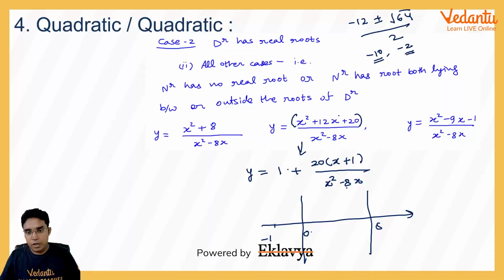That's correct. So one root of this is lying on the left of it. I think both roots are lying on the left of it, meaning lying outside the roots of the denominator. The roots here are minus 2, minus 10, whereas the roots here are 0 and 8. So both roots are lying outside the roots of this thing.